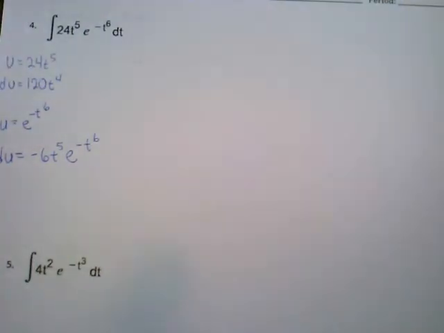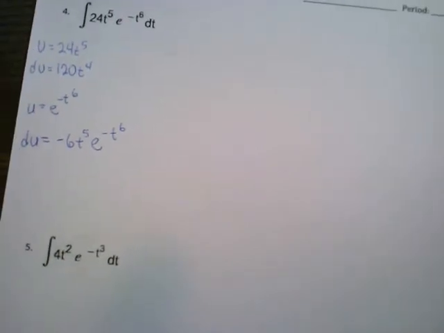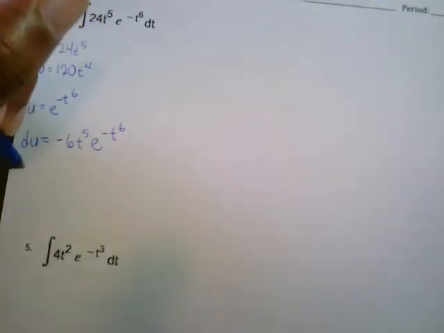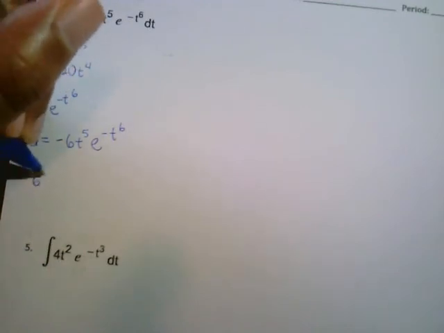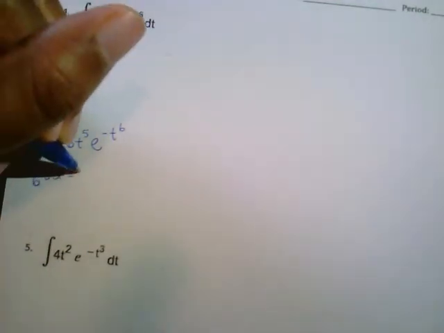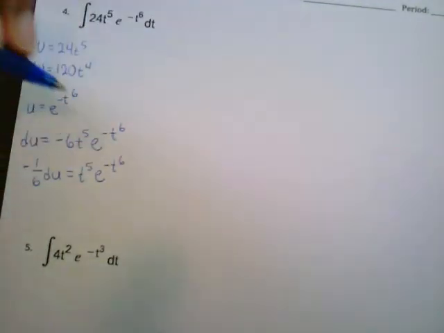So we look back at our equation here and we see that we do notice that we have t to the fifth power in the equation, and we also have e to the negative t to the sixth power. But we don't see the negative 6, so we can move the negative 6 over to the left side. So we'll divide both sides by negative 6, so we'll have negative 1 over 6 du equals t to the fifth power e to the negative t to the sixth power.